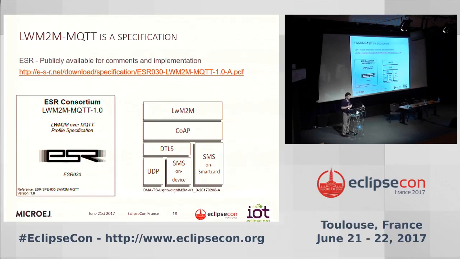What we basically did in this specification is that we took the lightweight M2M stack specification and made an alternate version of it, keeping the lightweight M2M semantics, keeping a part of CoAP for the message format, not for the transport part, but for really the way the messages are structured. And that was, of course, transported on top of MQTT over a TLS over TCP connection.